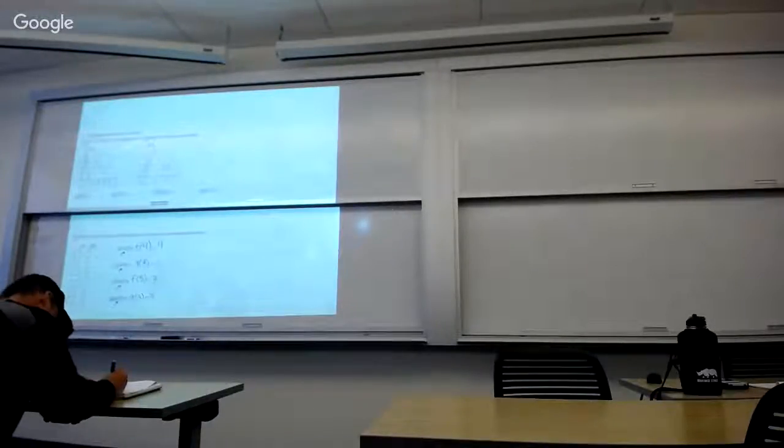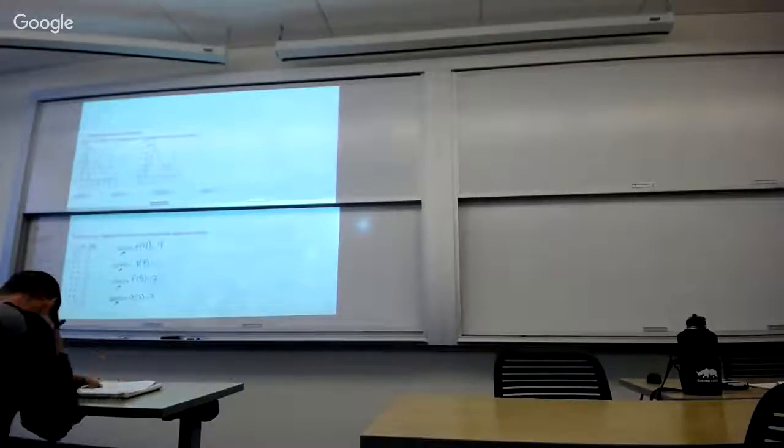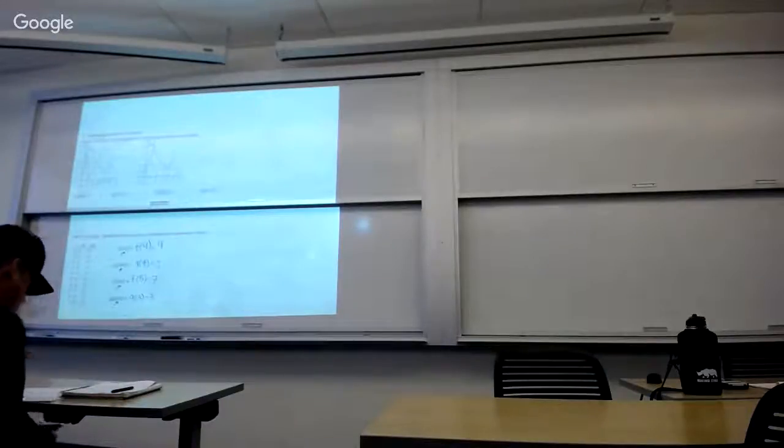Four is 2 squared. Perfect. Right, you multiply it out.